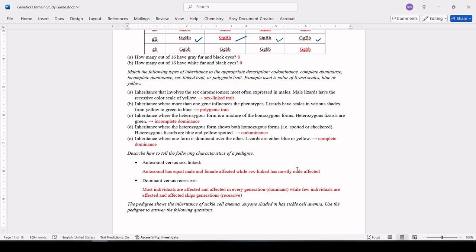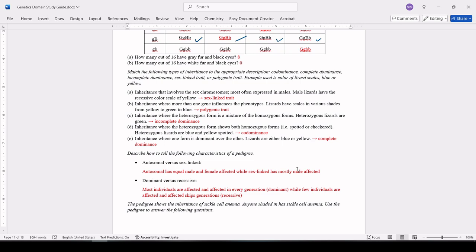Incomplete dominance, it's where you have 2 forms, and then the middle form, the heterozygous, is a mix. So if we have blue and yellow, those mix together make green. Codominant is where both show up in the middle form. So we would get yellow and blue spotted, striped, checkered, there's different ways to say it. And then complete dominance is what Mendel had.